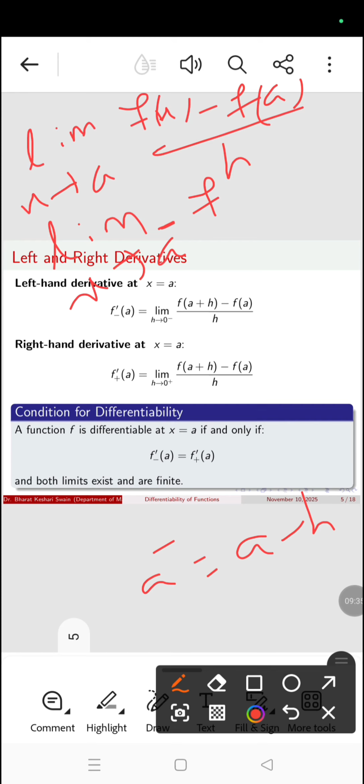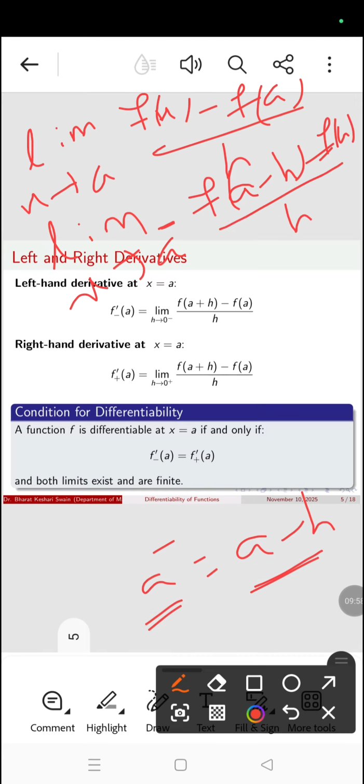So to represent a minus, we write a minus h. So f of x becomes f of a minus h, minus f of a, divided by h.